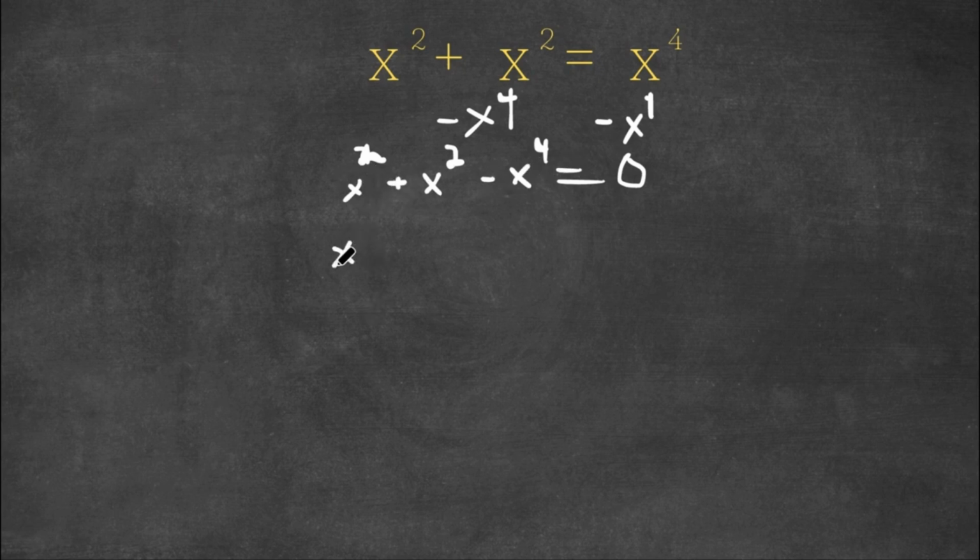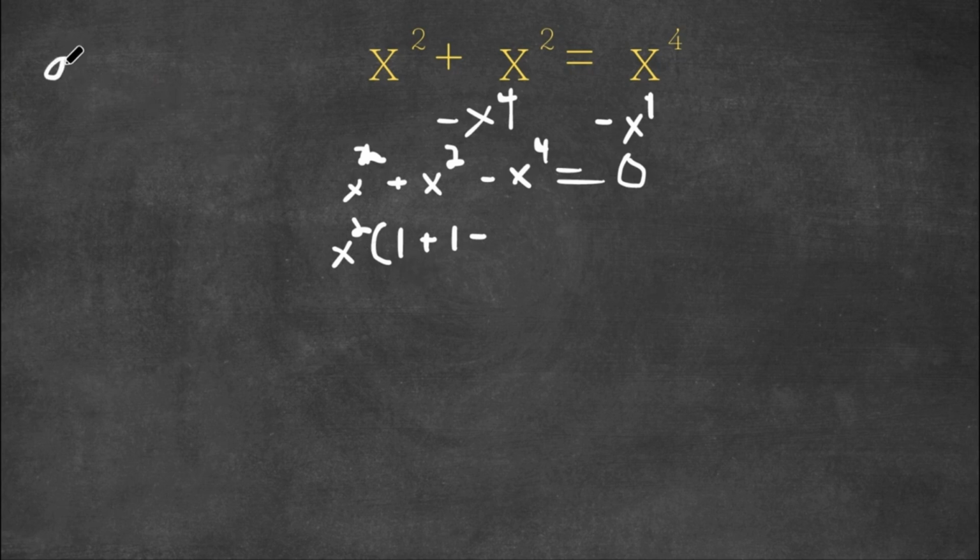So now we have x squared times x squared divided by x squared is 1, plus x squared divided by x squared is 1, minus x to the power of 4 divided by x squared.